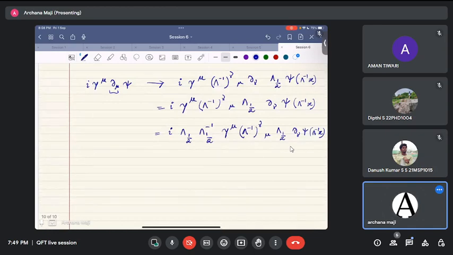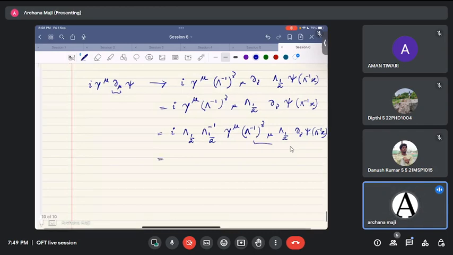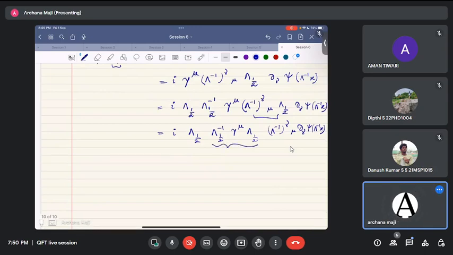Okay, now let's see. Okay, now these two also commute with each other, these two, so we can further write this down as lambda inverse gamma^mu lambda half lambda inverse^nu_mu del_nu psi(lambda inverse x). Okay, now let's see what is this quantity.